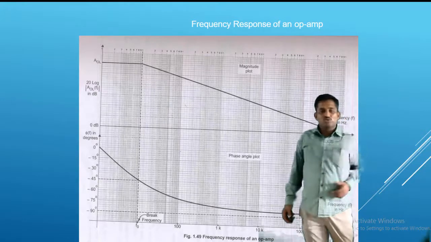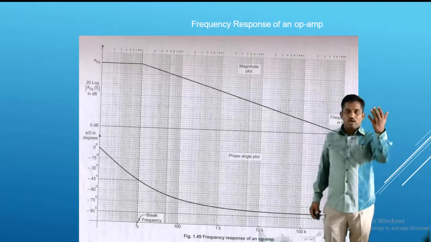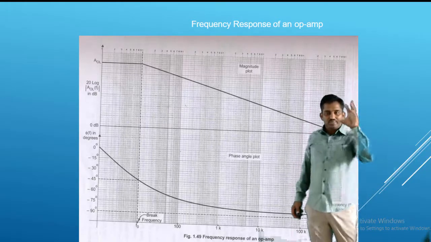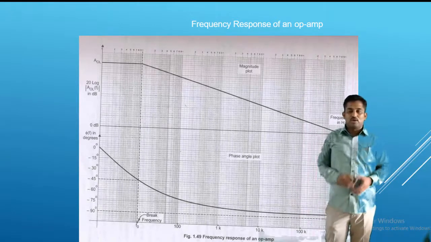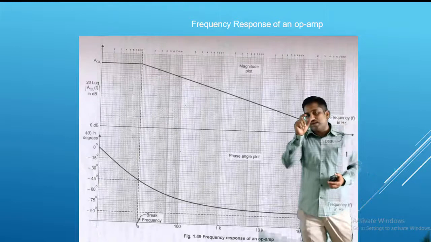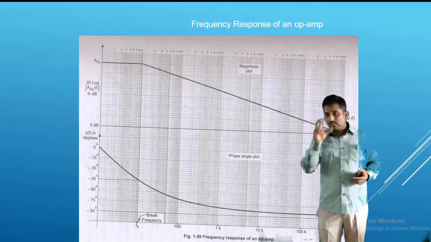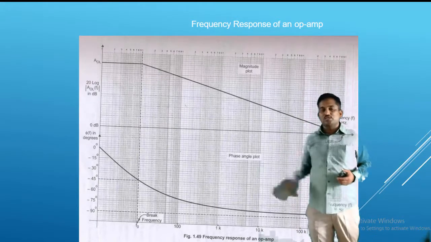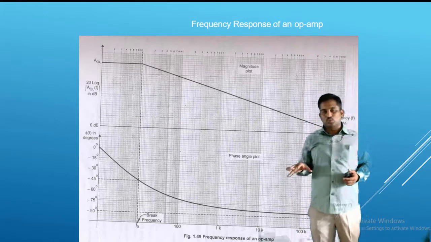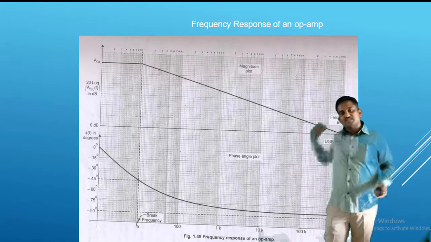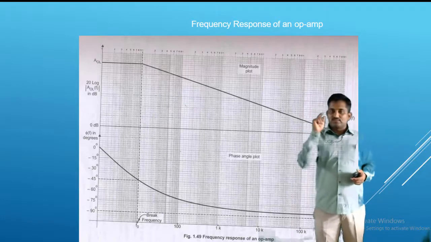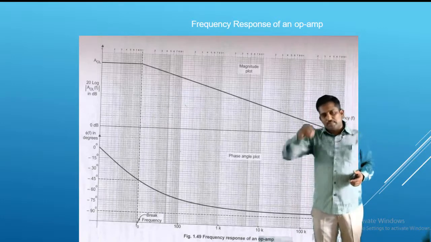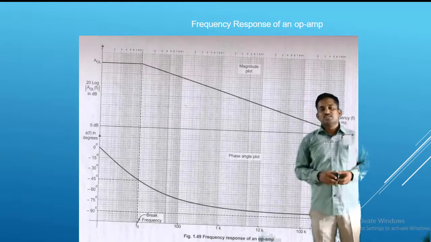And here I have shown you the Bode plot, in which I have shown the magnitude plot as well as the phase angle plot. Here we are having only one break frequency, so the maximum phase angle should be minus 90 degrees only. So it should not cross minus 180 degrees.